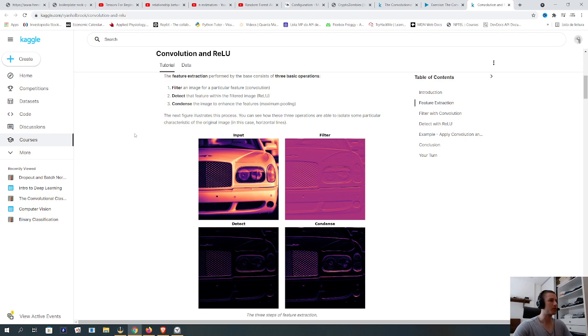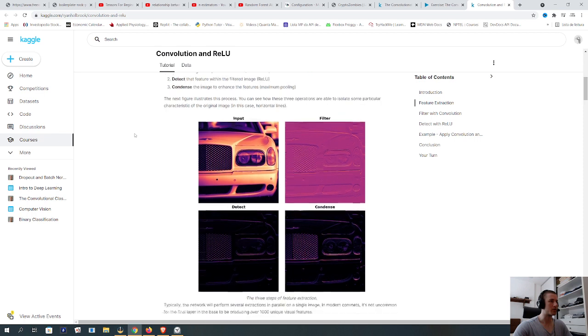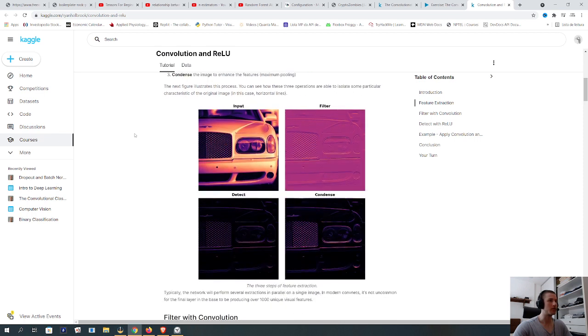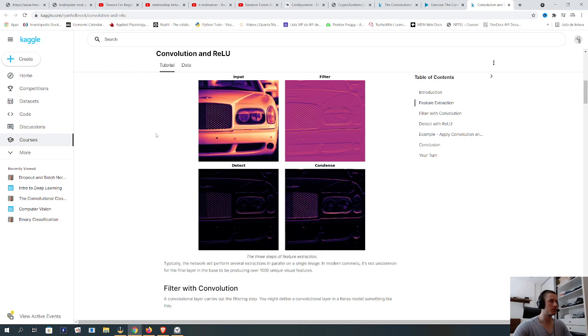Detect that feature within the filtered image, ReLU. Condense the image to enhance the features, maximum pooling. The next figure illustrates this process. You can see how these three operations are able to isolate some particular characteristic of the original image, in this case horizontal lines. So I have the image, the input, filter, detect, condense.